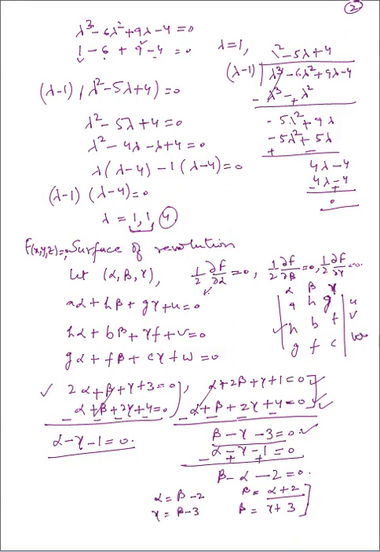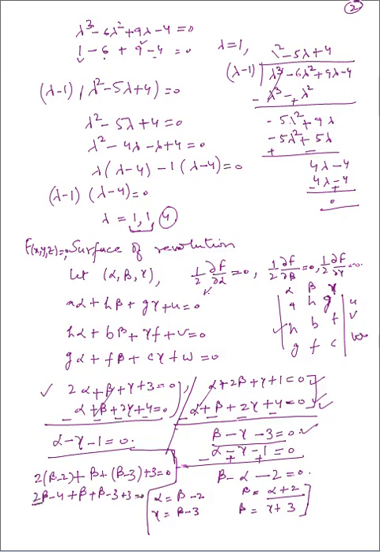So we put in the first equation 2 alpha, that means 2 beta minus 2, plus beta plus beta minus 3 plus 3 is equal to 0. So we get twice beta minus 4 plus beta minus 3 plus 3 is equal to 0.